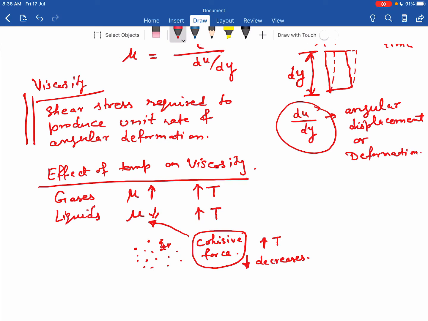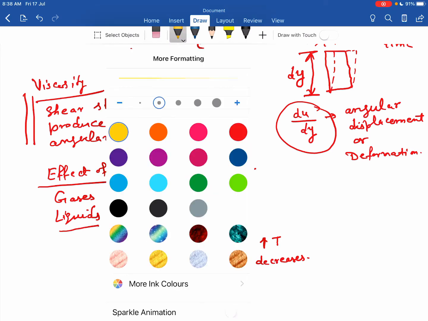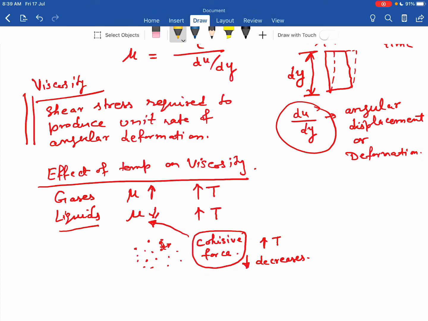So that is the reason behind the decrease in viscosity with increase in temperature in case of liquids. Now in case of gases, there is no concept of cohesive force. There is a large distance between the molecules of a gas. So when we increase the temperature in a gas, what happens? The momentum of molecules of that gas also increases.